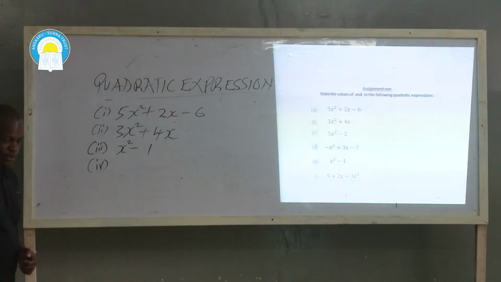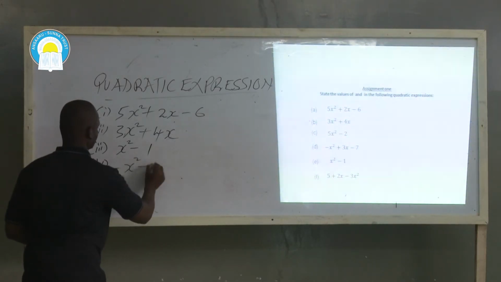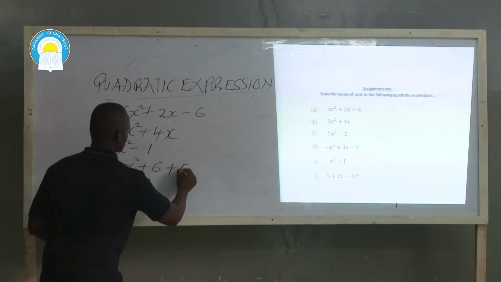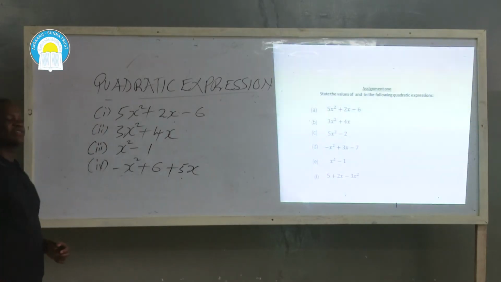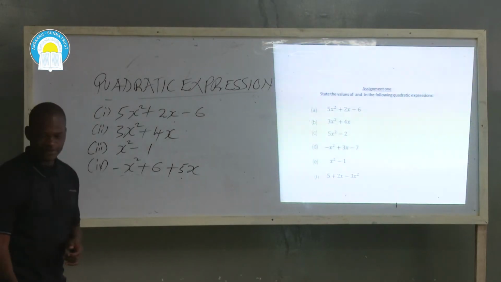Number 4, we have negative x squared plus 6 plus 5x. I think now those will be enough, of course, in terms of the practice, just to confirm that the concept is home. So we go to our next part.